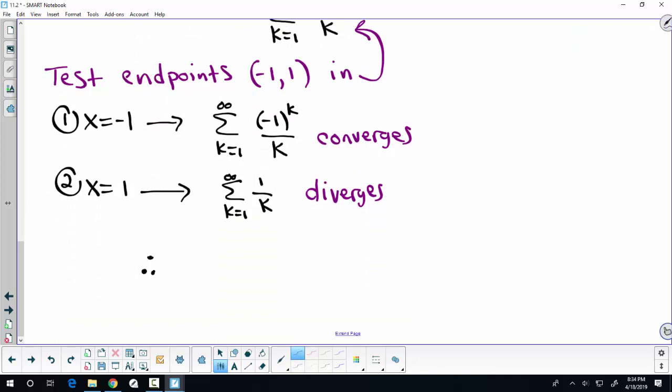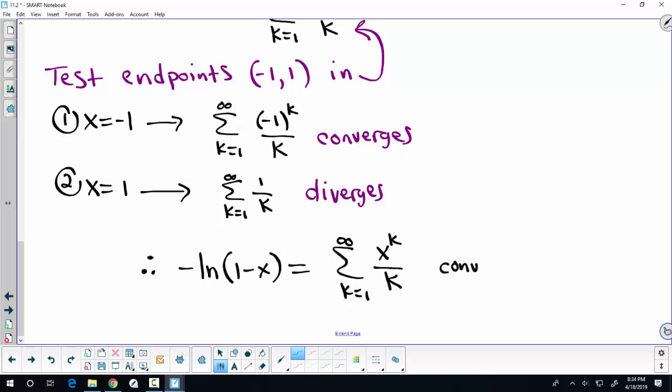So let me write this here. Therefore, the series for the negative ln of 1 minus x, that's equal to the sum from k equals 1 to infinity of x to the k over k, converges, or is valid, we'll just say valid, for this interval.